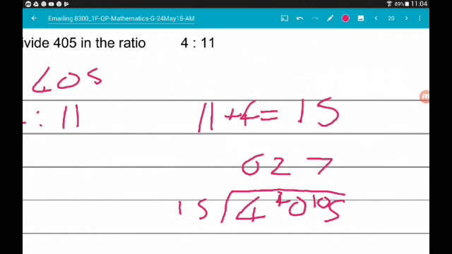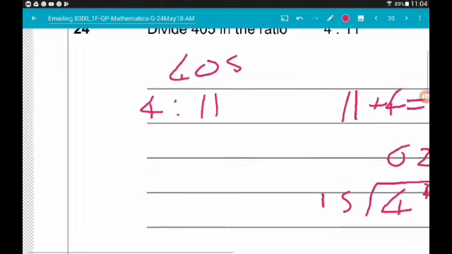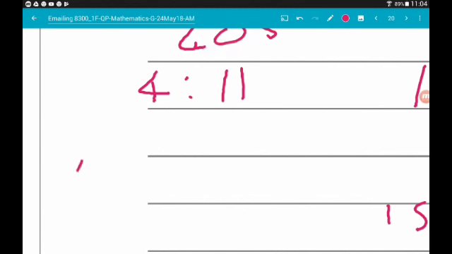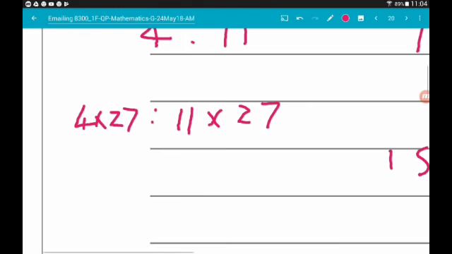So now we multiply each part of the ratio by 27. So we get 4 times 27 to 11 times 27. Okay, so maybe quite tricky multiplications here.